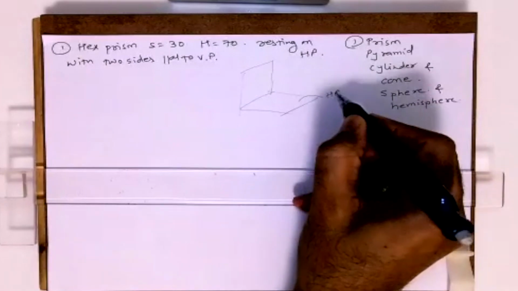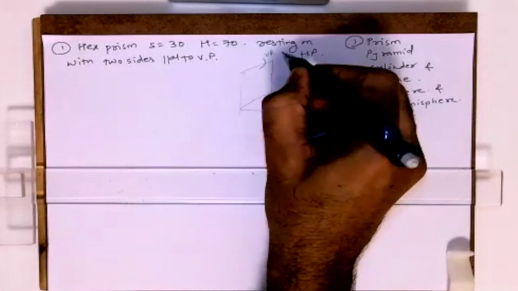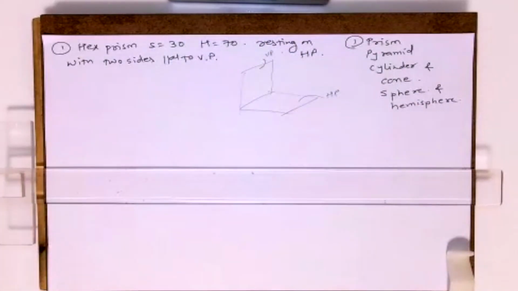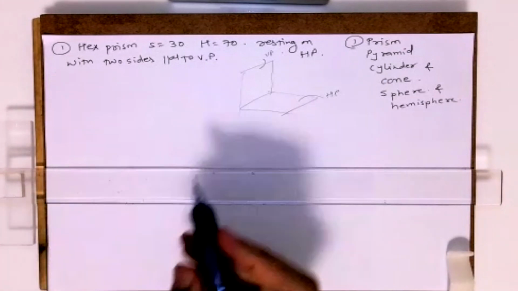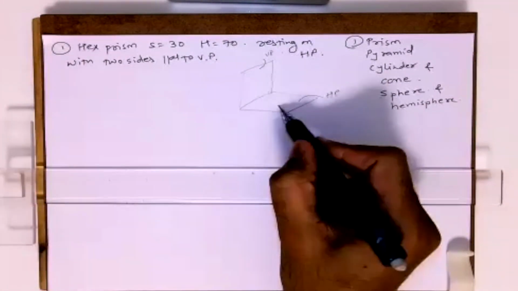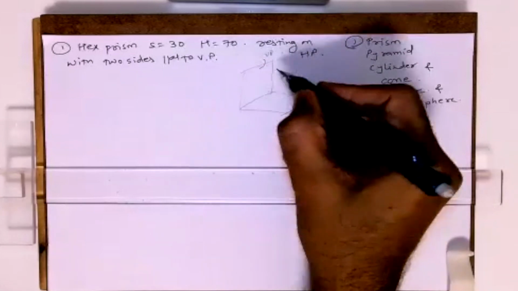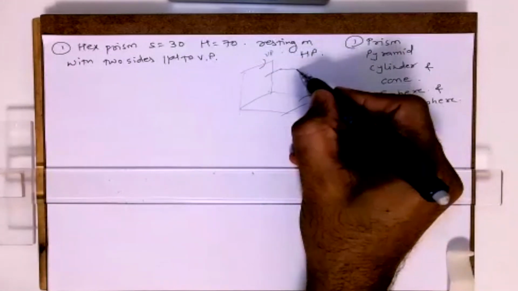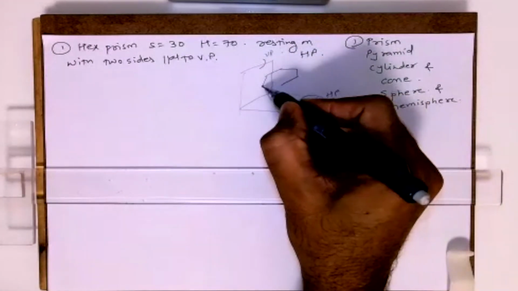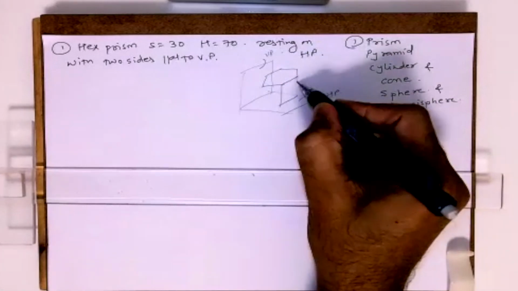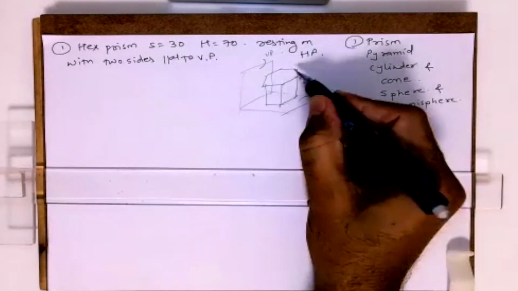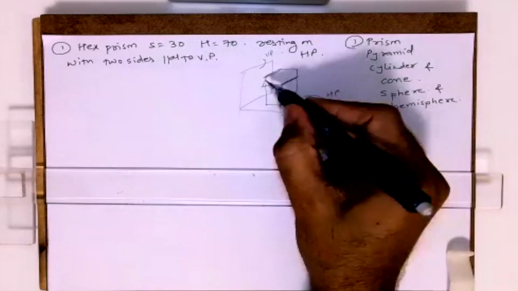This is horizontal plane and this is vertical plane. Now they are saying there is a hexagonal prism which is resting on horizontal plane with two sides parallel to VP. So that means there is one hexagonal prism like this which is resting on horizontal plane and these two sides are parallel to VP.